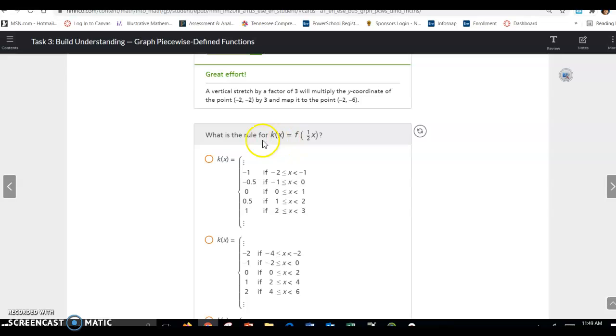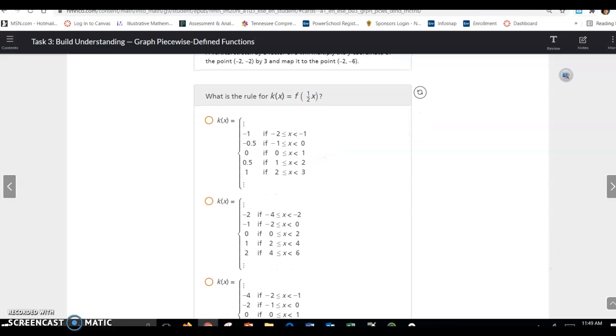All right, and what is the rule for K of X equals F of 1/2 of X? All right, so this is going to change the domain because you're dealing with the X's instead of the Y's.